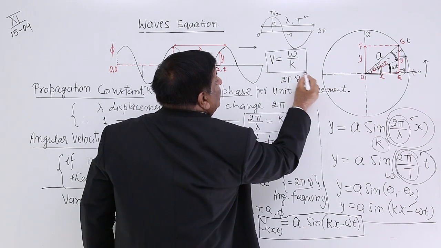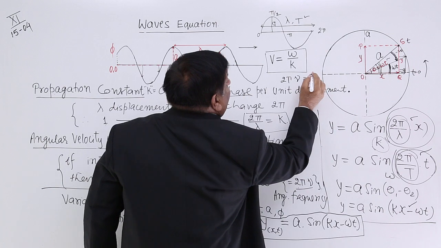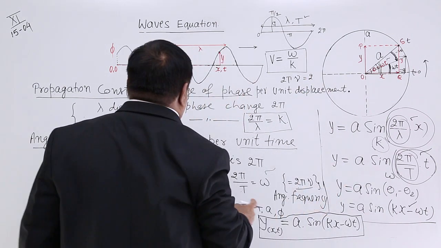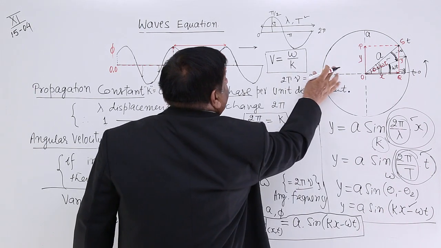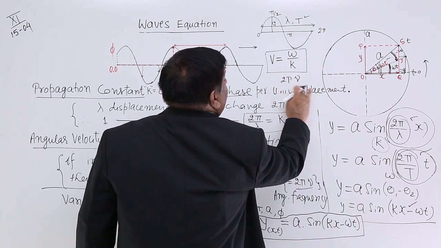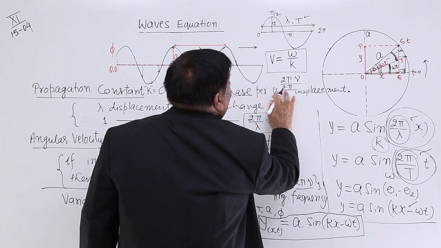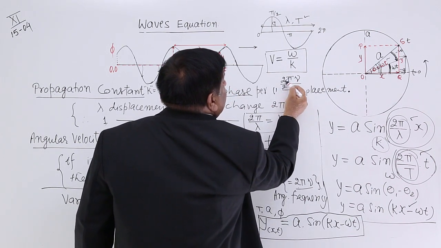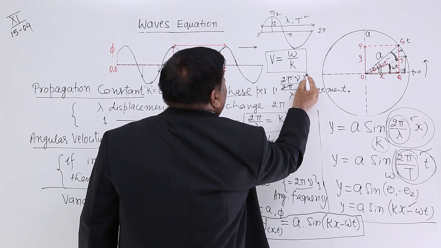And what is k? k is 2 pi upon lambda. So divided by 2 pi upon lambda, here this is cancelled, this goes up and it becomes nu into lambda.